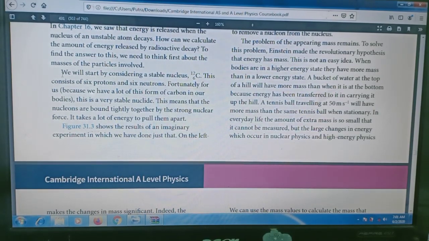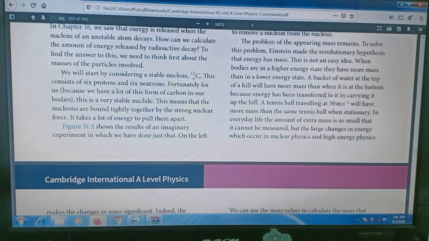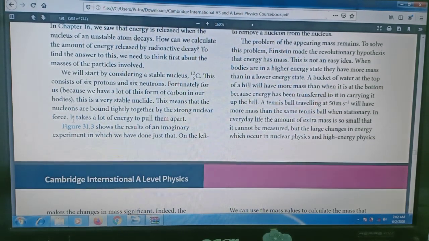Fortunately for us, we have a lot of this form of carbon in our bodies. There are other carbon nuclides also, but the very stable one is carbon-12. This means that the nucleons are bound tightly together by the strong nuclear force. It takes a lot of energy to pull them apart.